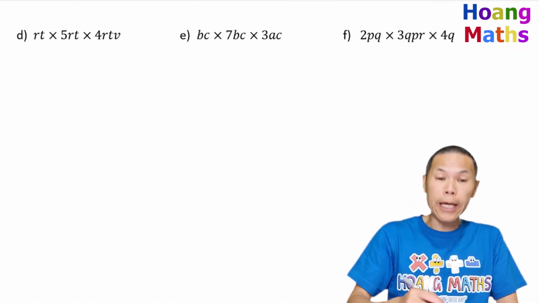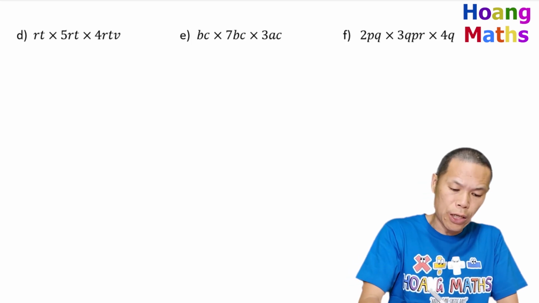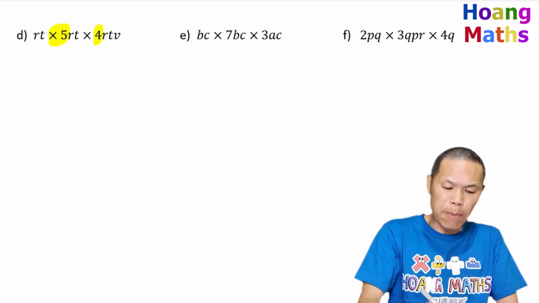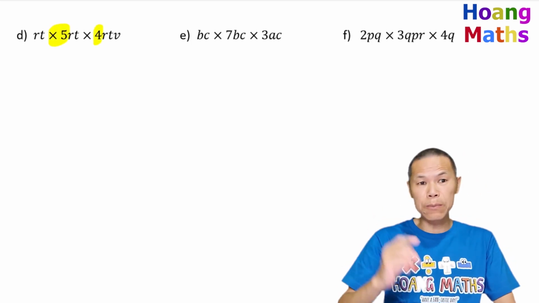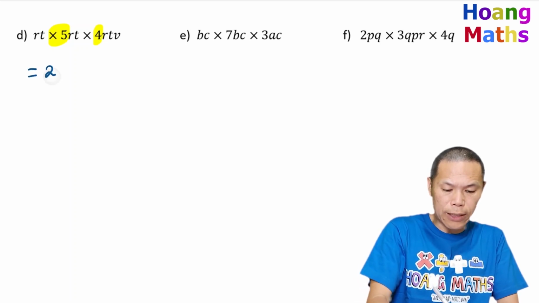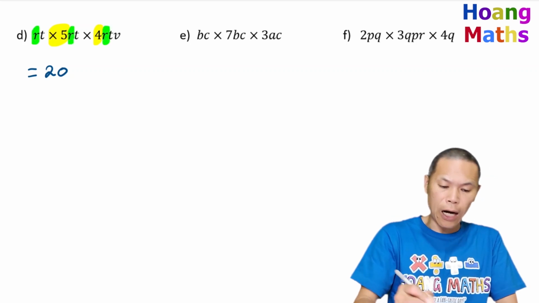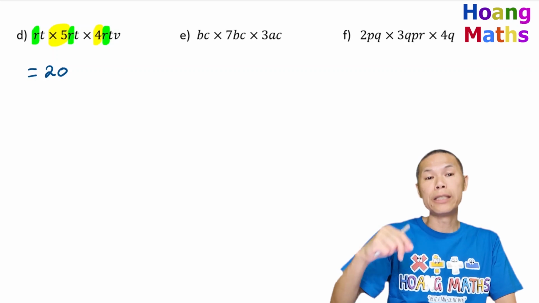Part D. Again, we deal with numbers first, okay? Because we want to write the number in front. So we have 5, we times 4. And 5 times 4 is 20, okay? So we write this down. And now we have R, we times R, and we times this R. So R times R is R squared.